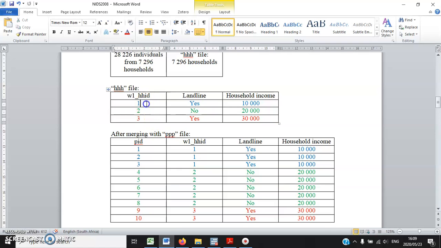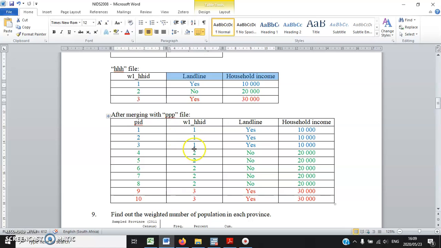Take 3 households, 1, 2, and 3, with information on landline, telephone, and household income. After merging with the PPP file, these household level information will be exactly the same for the people coming from the same household. For instance, person ID 1, 2, and 3 all come from household 1. This is why they have exactly the same answers on landline, telephone, and household income.